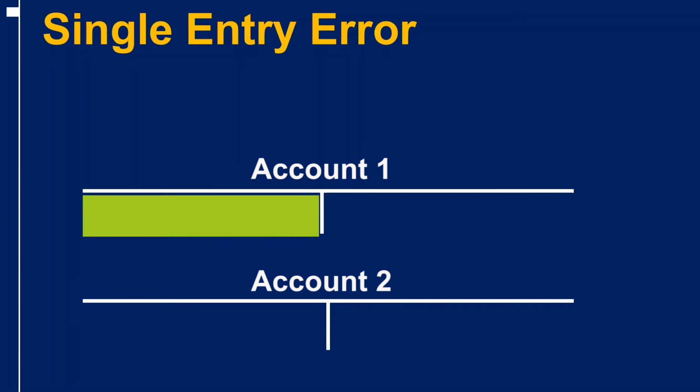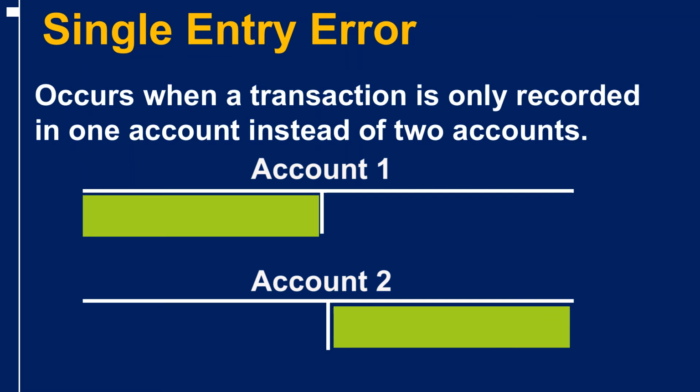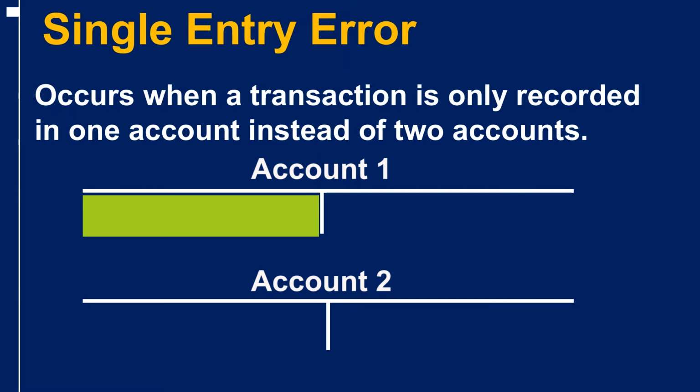The first error that we will look at is the single entry error. The double entry principle states that for every transaction there must be two accounts. One account should be debited and one account should be credited. Single entry error is made when a transaction is only recorded in one account instead of two accounts.